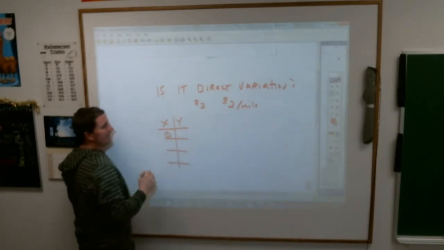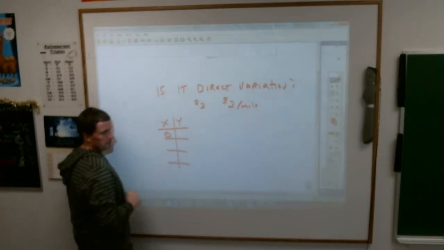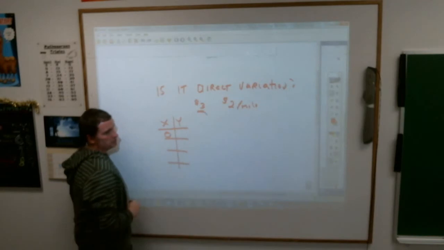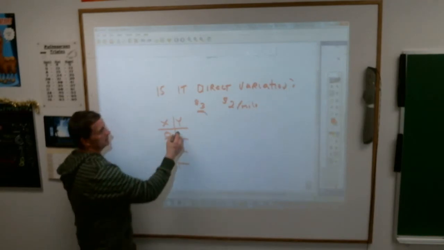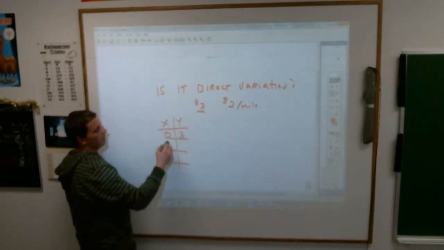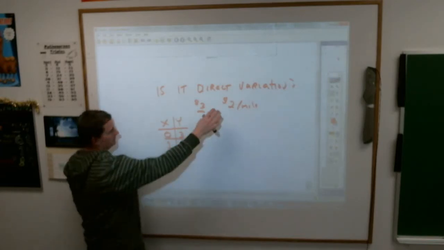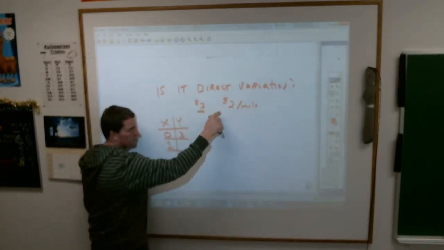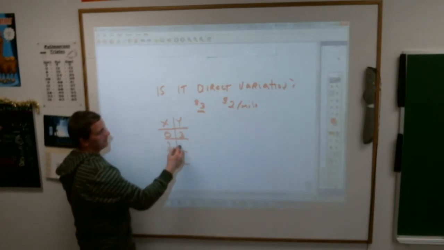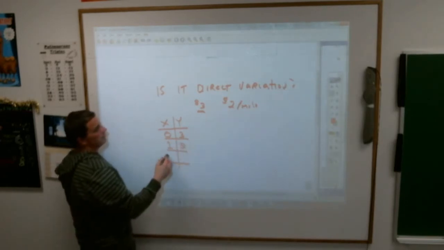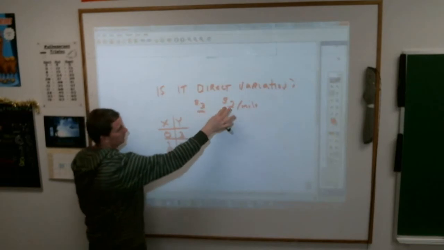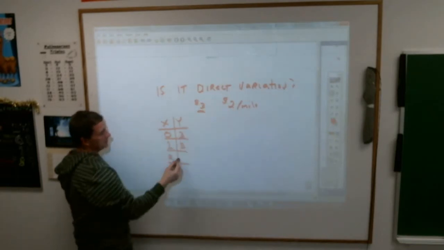If you didn't go anywhere, you still have to pay the $3 no matter what. If you went 1 mile, how much would it cost you? Right. $3 no matter what plus $2 a mile. So it's 5. If you went 2 miles, it cost you $4 for this plus the $3, it cost you $7.